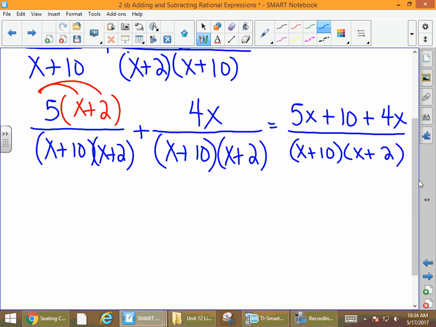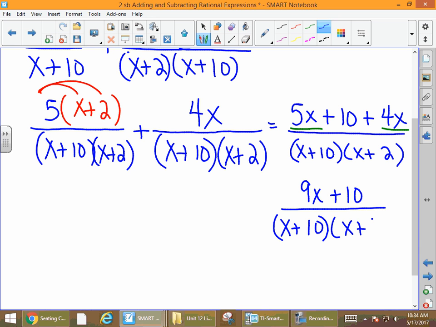If we combine like terms in the numerator, we've got a 5x and a 4x, which is 9x plus 10. The only question remaining is, are we finished or do we need to do a little bit more? So in other words, can we factor 9x plus 10? No, we can't factor 9x plus 10, and because we can't factor 9x plus 10, we are done. Here is what those two fractions add to be.